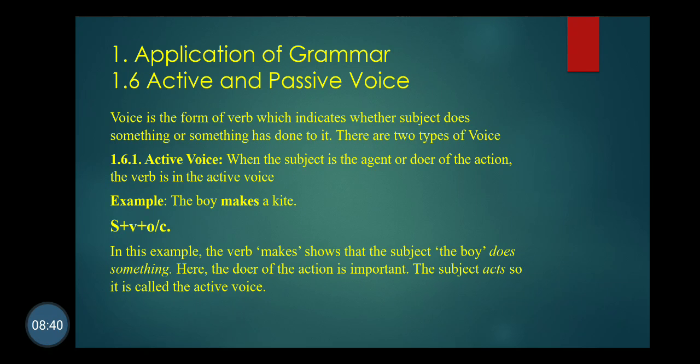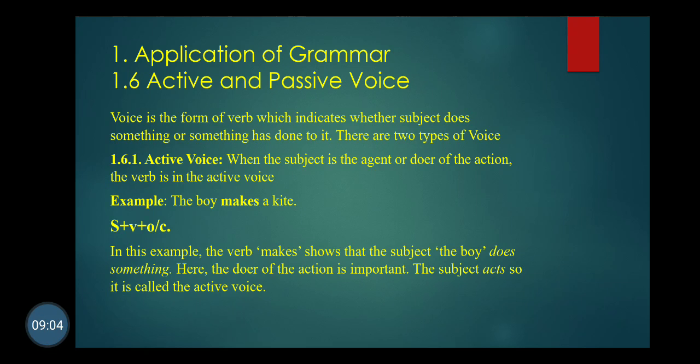Here subject is active, subject performs action upon the object. We want to give importance to the subject, then it is called active voice. Simple structure, subject plus verb plus object or complement. In this sentence, the boy is a subject, makes is the verb, and a kite is the object.